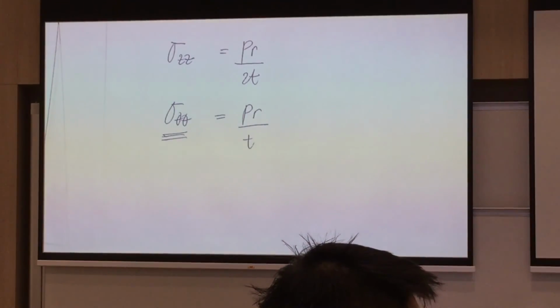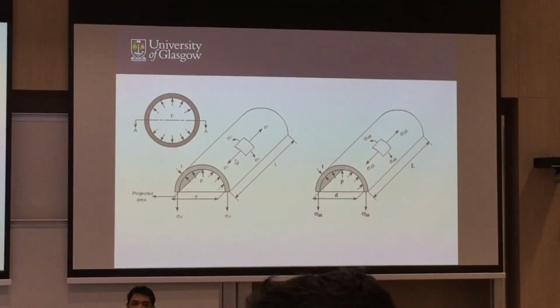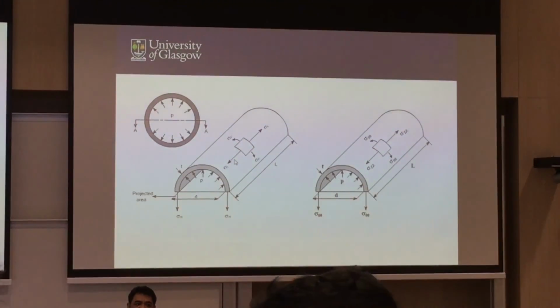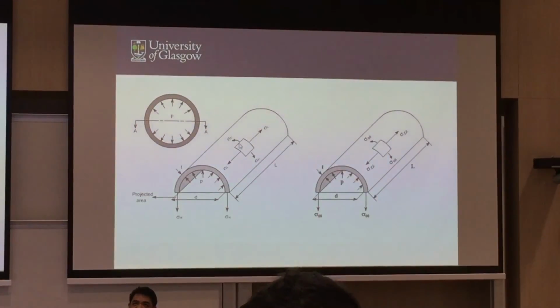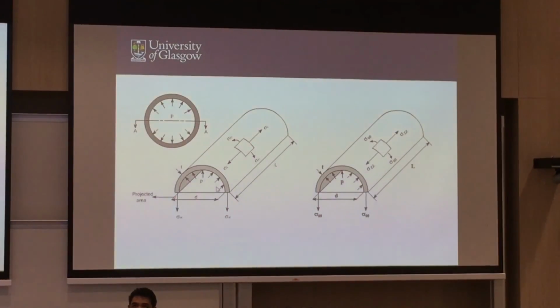This will be your hoop, and that will be your longitudinal, which is sigma ZZ. As you can see, they are acting normal to these surfaces or these lines. So basically, they are normal stresses. We don't have any shear for this particular application. No shear, only normal stresses.